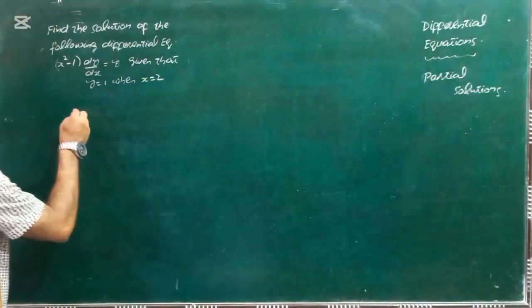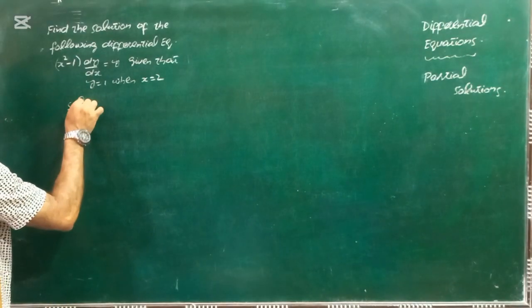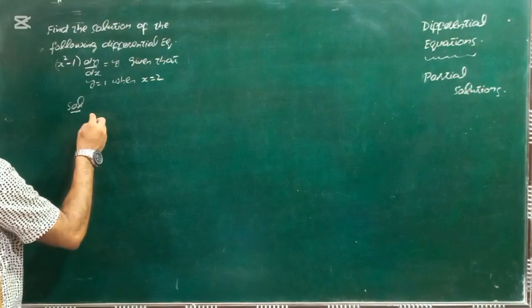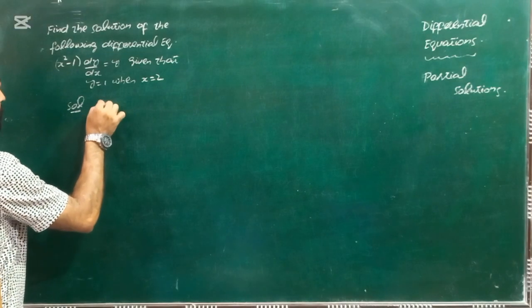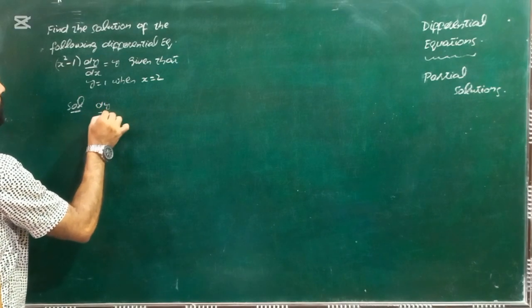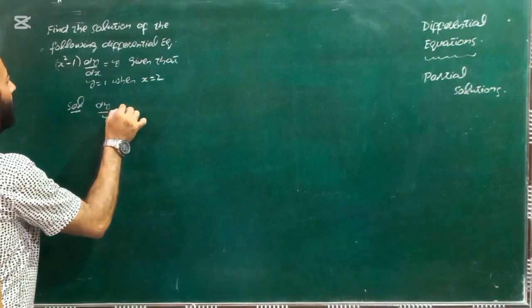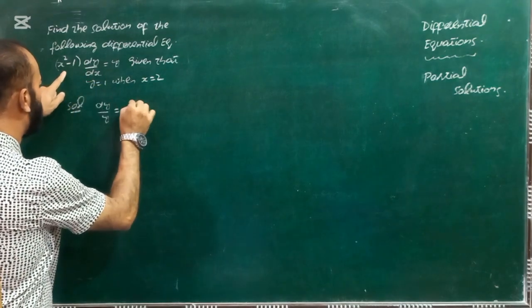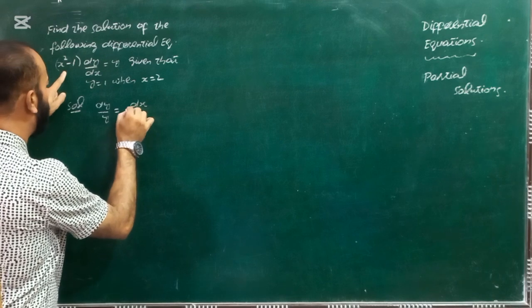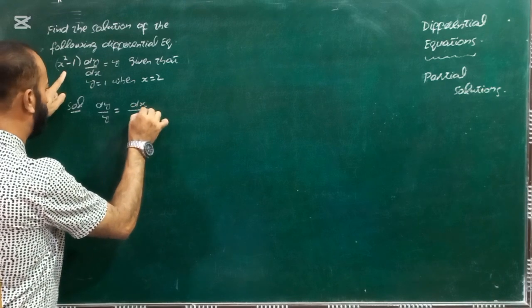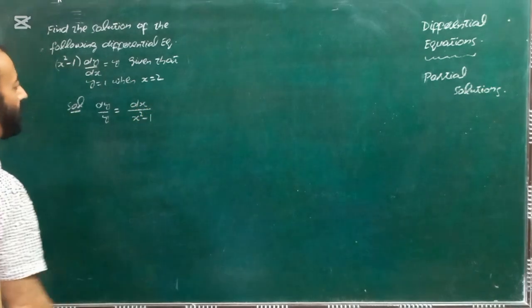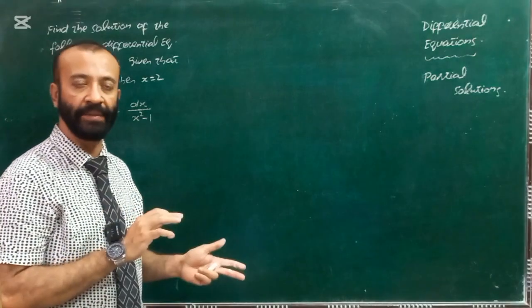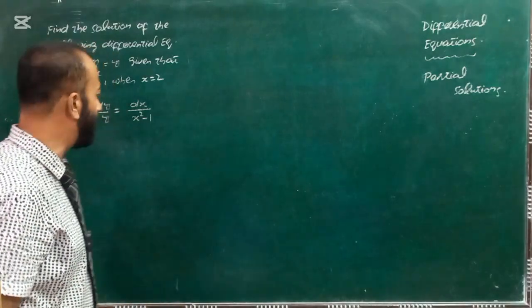So likewise we will separate values of y on the left side. So question will become dy by y is equal to dx over x square minus 1. So first step is separating y values on the left side and x values on the right side.